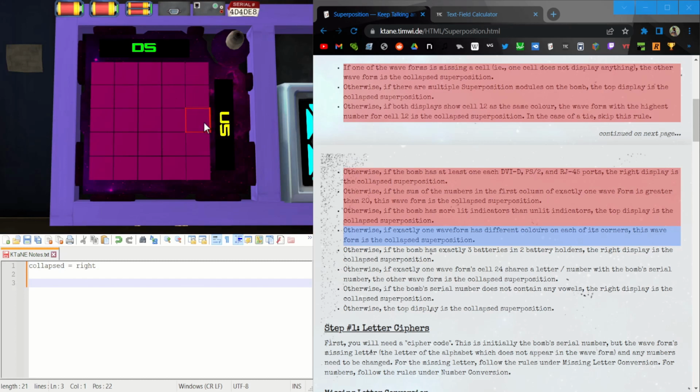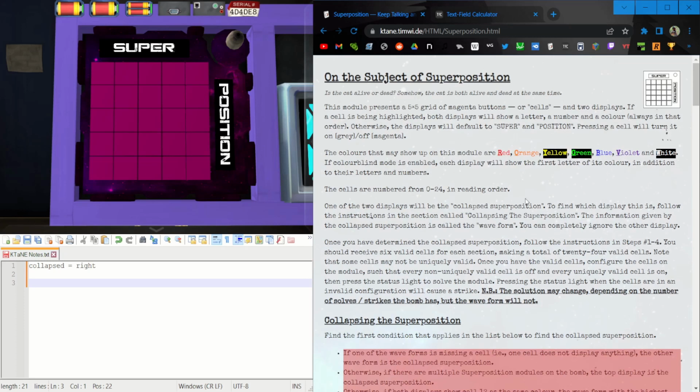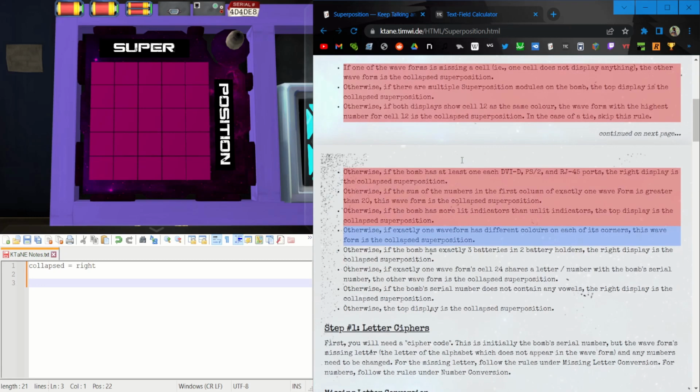Hard to do it when it goes away. Then the number, and then the color, abbreviated as one letter. The colors the module uses are red, orange, yellow, green, blue, violet, and white. Each of those colors has a different first letter to its name, so they should be distinguishable enough.